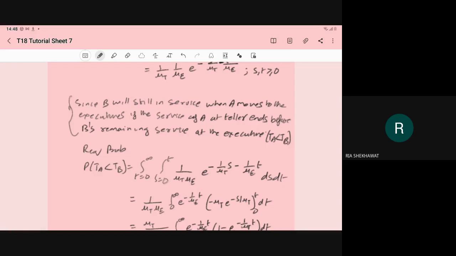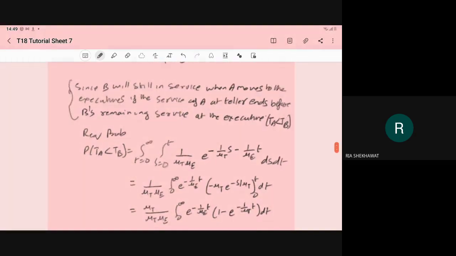So the required probability is P of TA less than TB. Here we have the integral for t from 0 to infinity, for s from 0 to t, of 1 upon mu t, 1 upon mu e, e to power s upon mu t minus t upon mu e, ds dt. We just integrate the joint PDF over s and t.